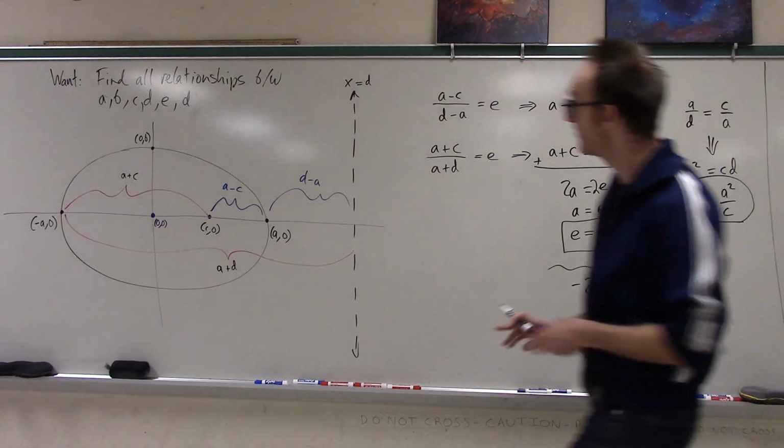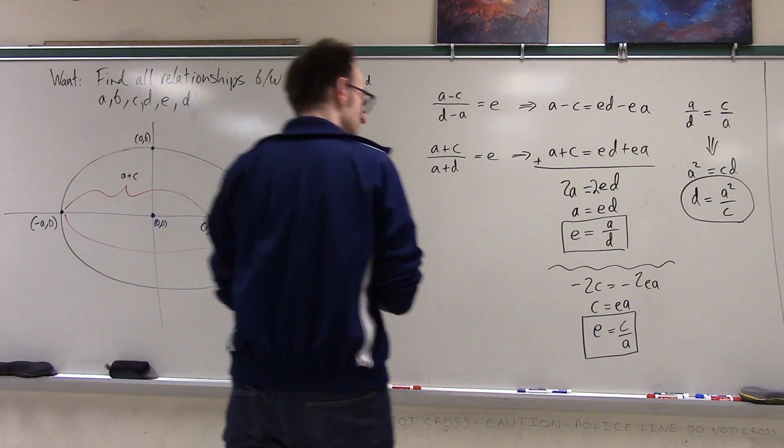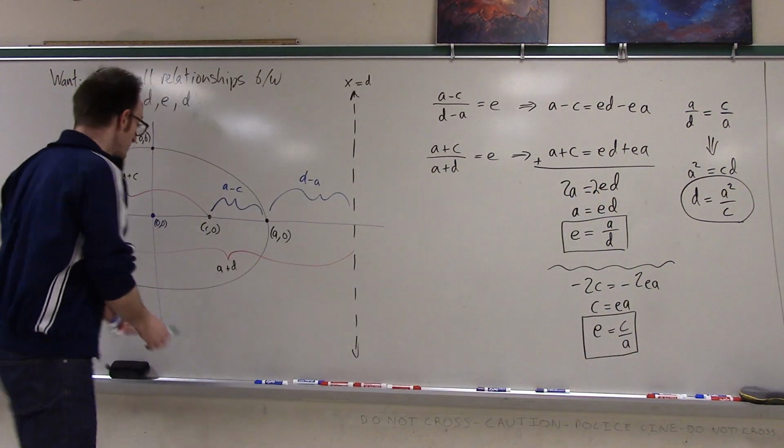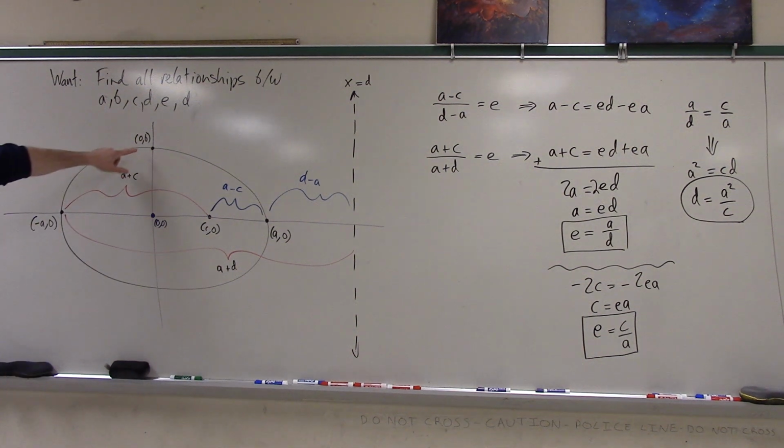There's even one more step we can do here, which is we can use the one other point that's kind of floating around here, this point 0b. What can I say about this point? Well, it too must also be on the ellipse, and therefore must satisfy the definition of the ellipse.